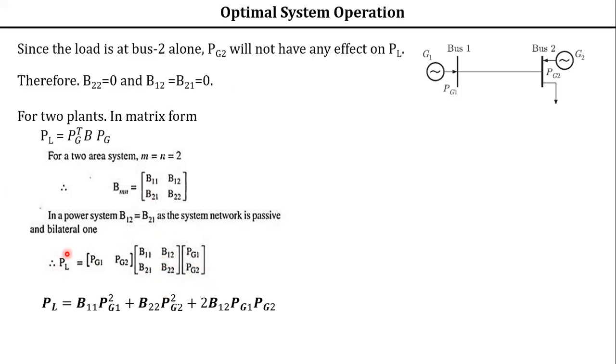When you simplify PL, you multiply these three matrices and you get this equation: PL equals B11 PG1 square plus B22 PG2 square plus 2 B12 PG1 PG2.